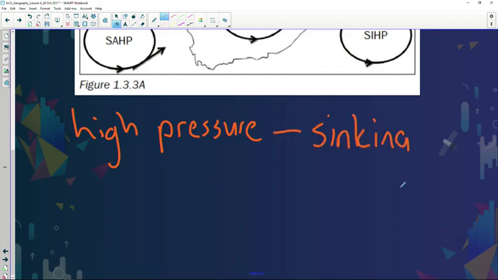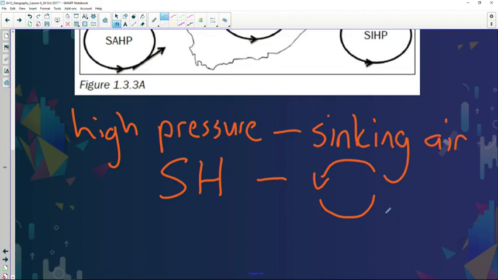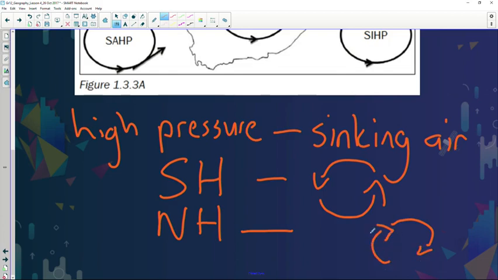Another characteristic of a high pressure system: in the southern hemisphere, it's an anti-clockwise circulation of air. And in the northern hemisphere, it is a clockwise circulation of air. Now keep in mind, it's sinking air, and in the southern hemisphere, it's an anti-clockwise circulation of air.